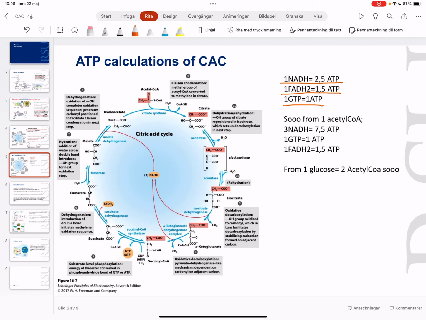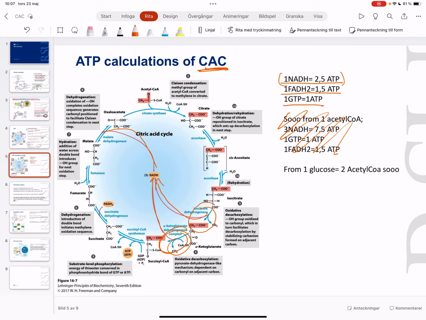So that means we have to look at the cycle and see how many NADHs we can get from the citric acid cycle. We look here, and we see that there will be 1 NADH produced here because of the arrow that's pointing there. And there will be 1 NADH from this reaction.